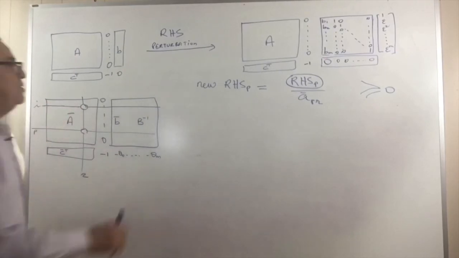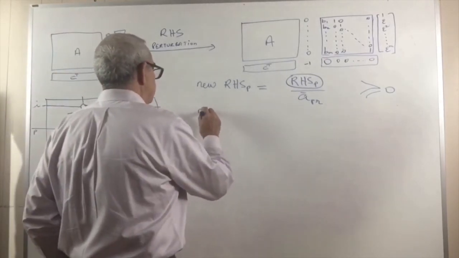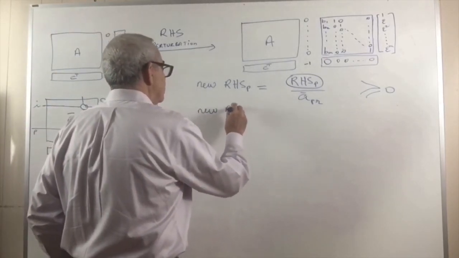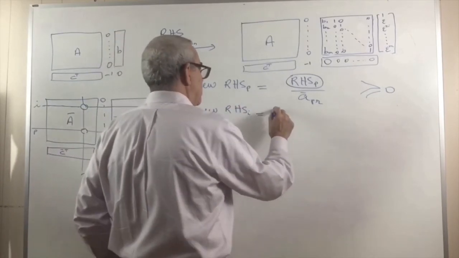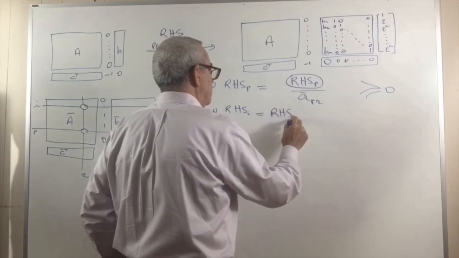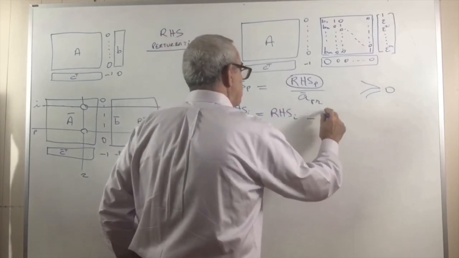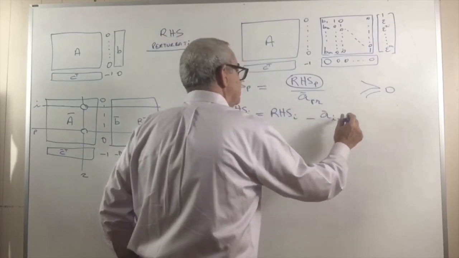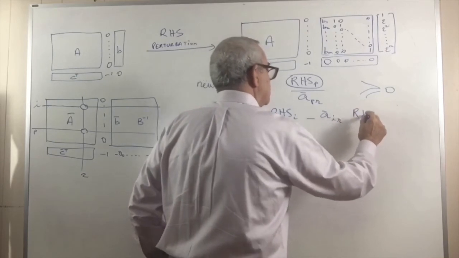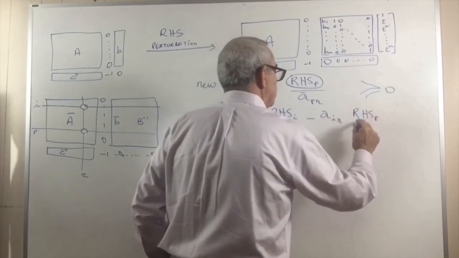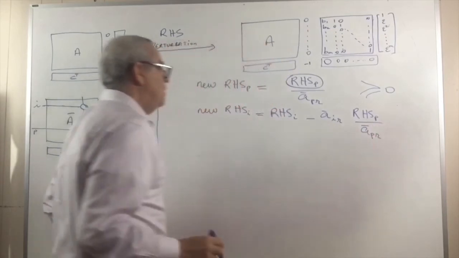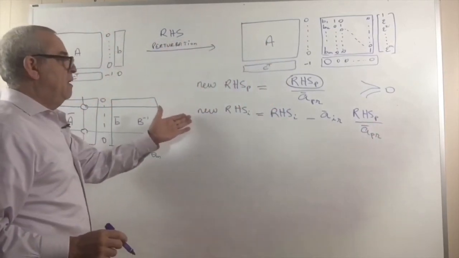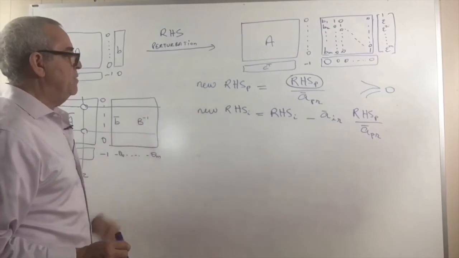So the new right-hand side of I is equal to the old right-hand side of I minus A bar of IR times the right-hand side of the pivot row, divided by A bar of PR. This is the classical pivot operation that we have to do.